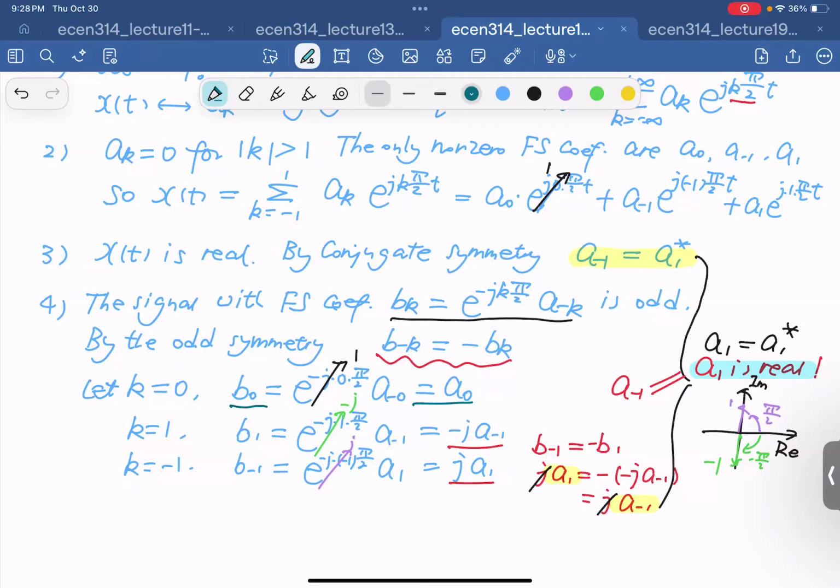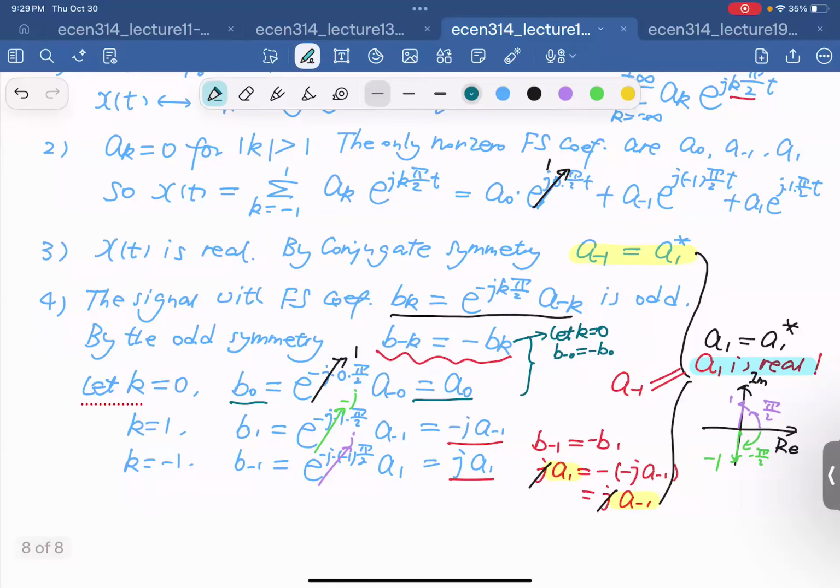Now, I know that b sub minus k equals minus b sub k. That means what? Let k equal to 0. b sub minus 0, which is b0, equals minus b0, since minus 0 is the same as just 0.